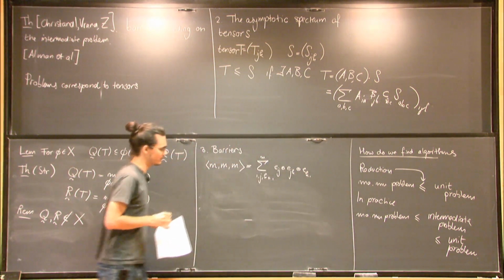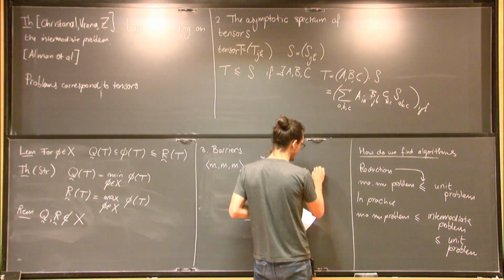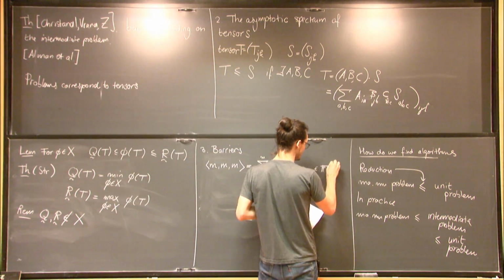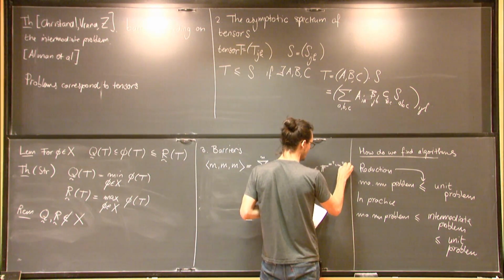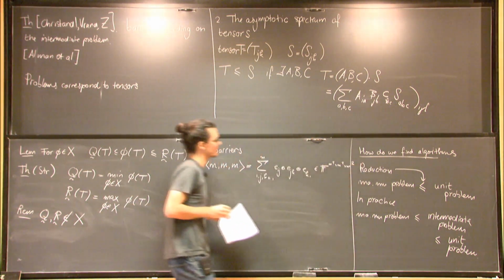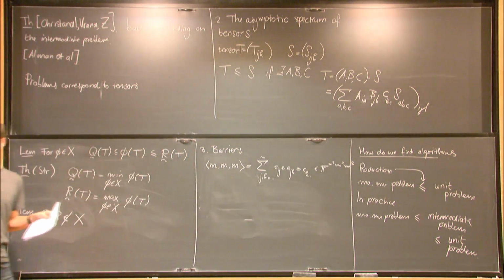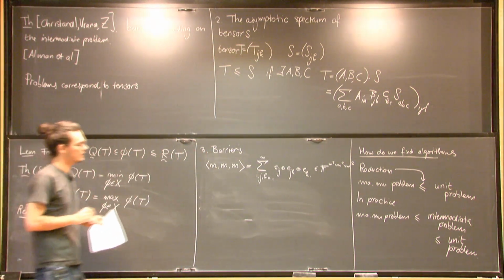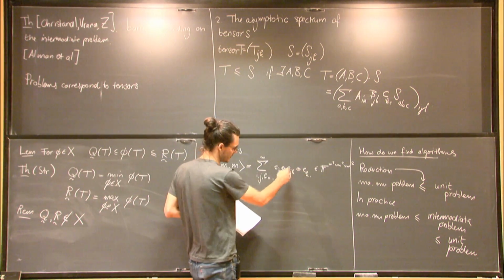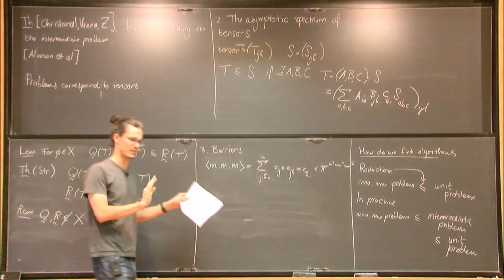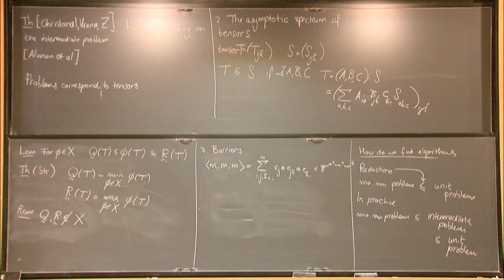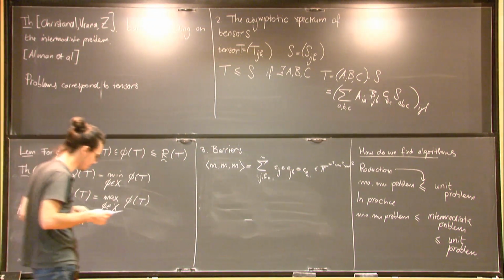Let me first write where this tensor lives. It lives in F^(m^2 × m^2 × m^2). So e_ij is a vector of length m squared with a single 1 in it, and the rest is 0. And these are similar, and then you take their outer product to get a 3-dimensional array. That's the definition of the tensor.